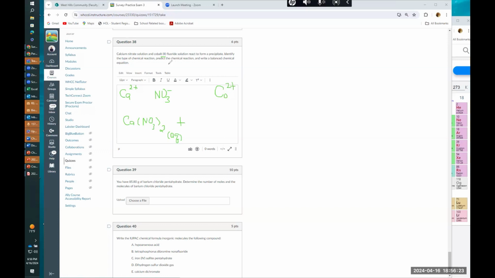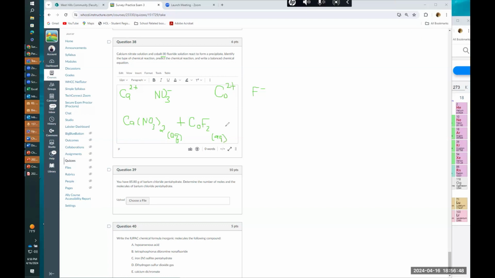So Co 2+. And then fluoride, what is the charge on the fluoride? Negative one. So how many fluorides do I need to balance out my cobalt? Two. Okay, and that's aq because I said it's a solution.